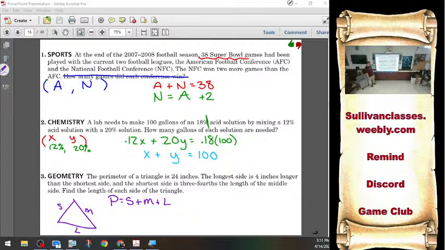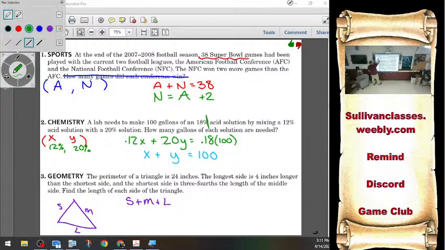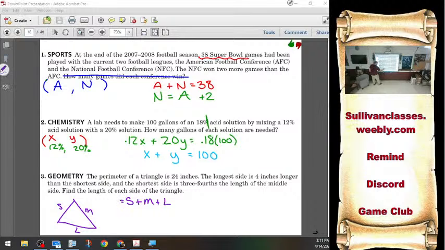They just said the perimeter is 24 inches. Cool. I can replace that.